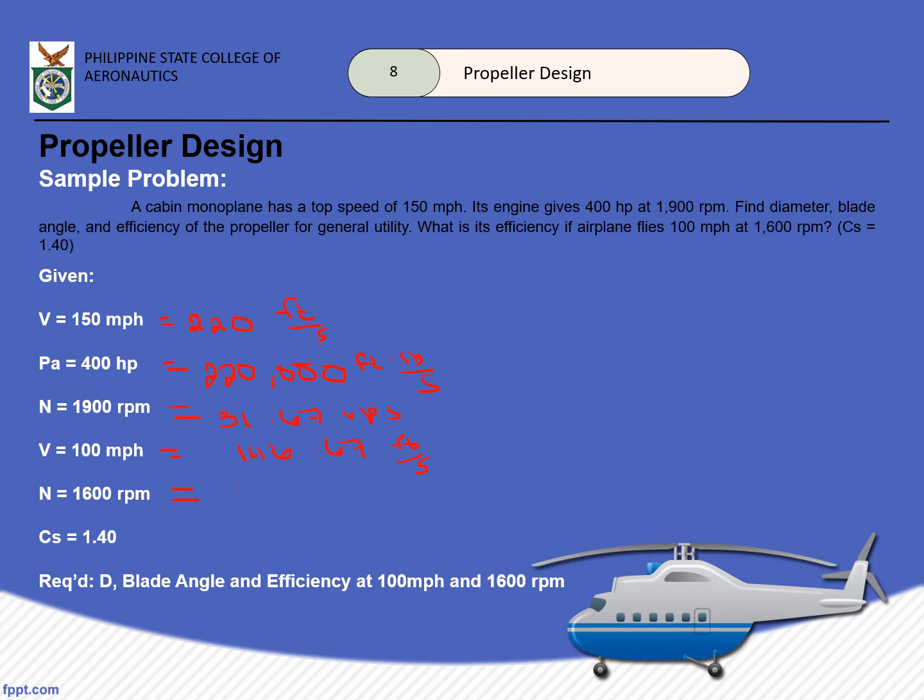So, we would be having 26.67 RPS. And our CS is 1.40. So, we are required to get the diameter, the blade angle, and efficiency at 100 miles per hour and 1600 RPM. So, we now proceed sa ating solution.